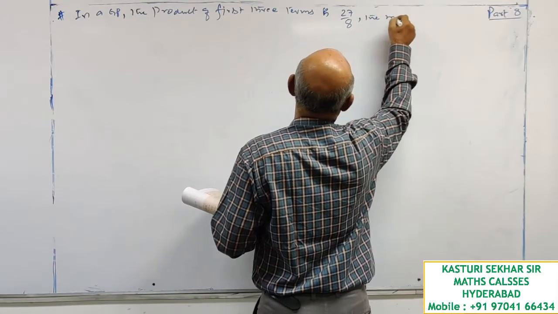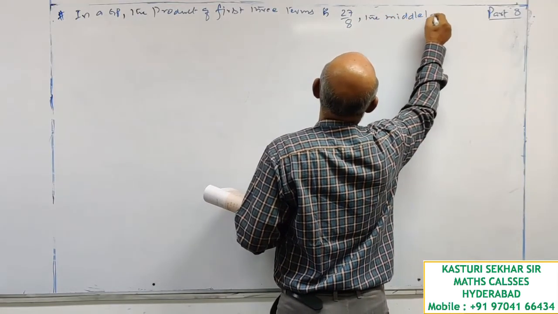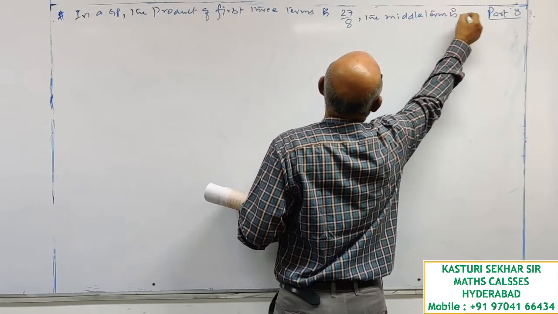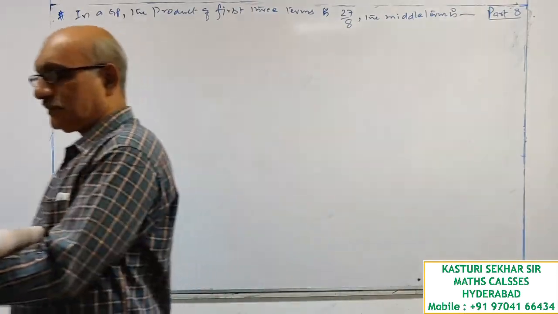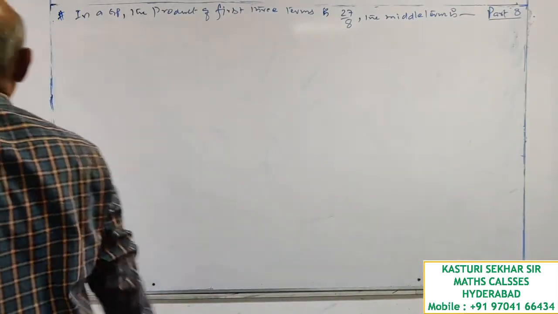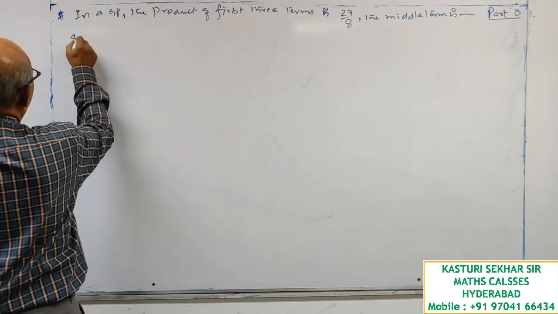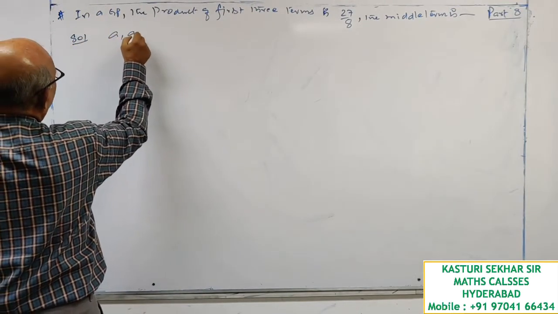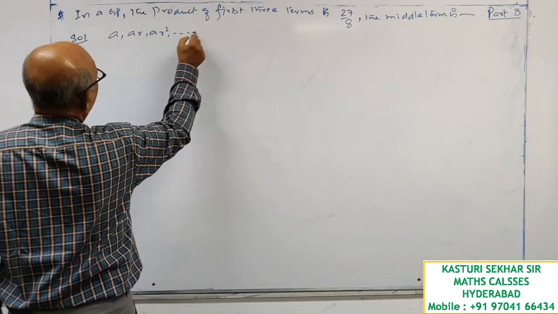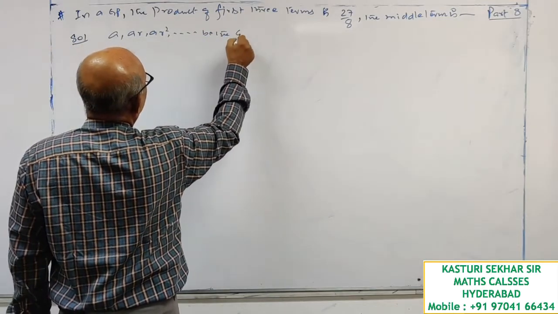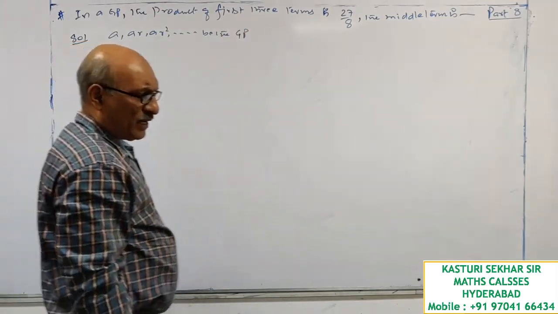The middle term is... this is my question. Let A, AR, AR square, etc. be the geometric progression.